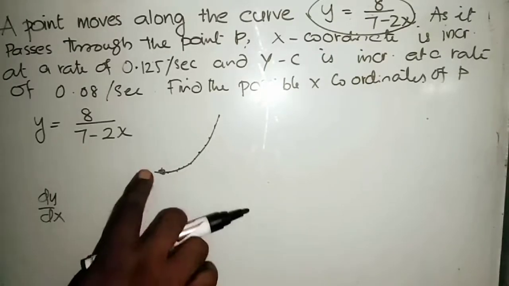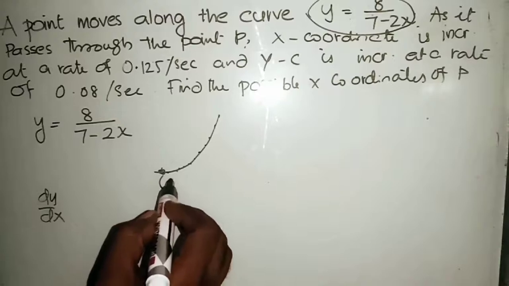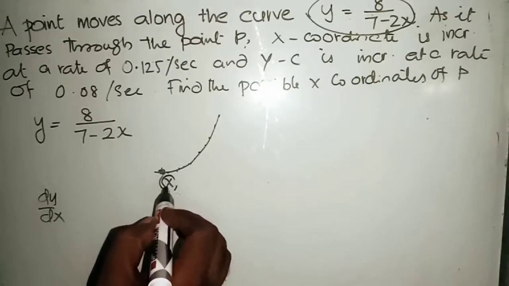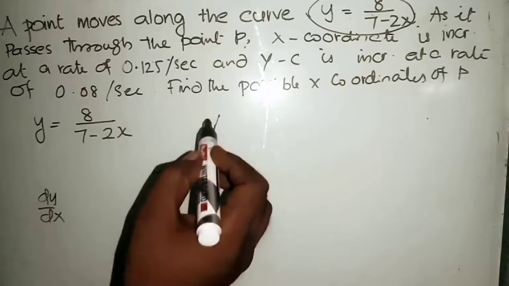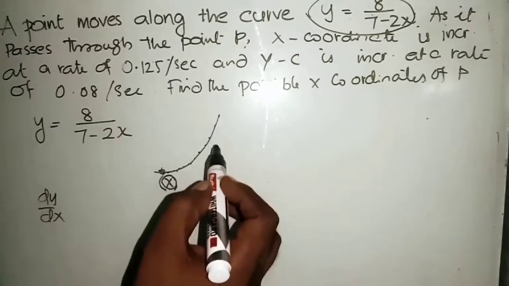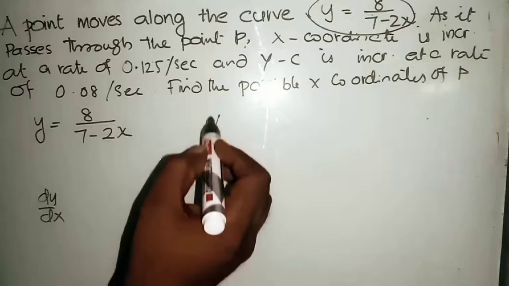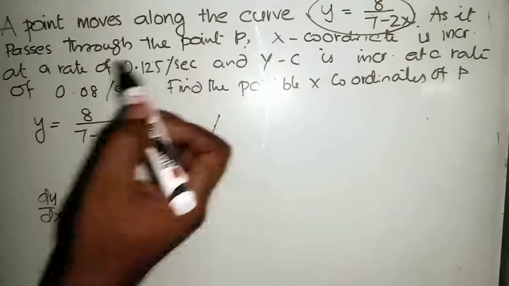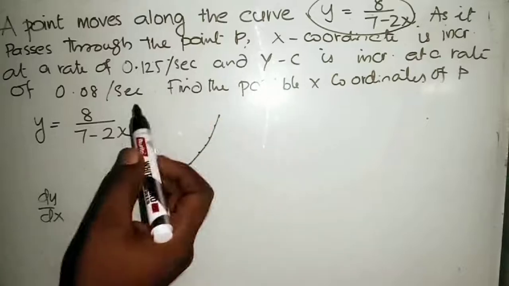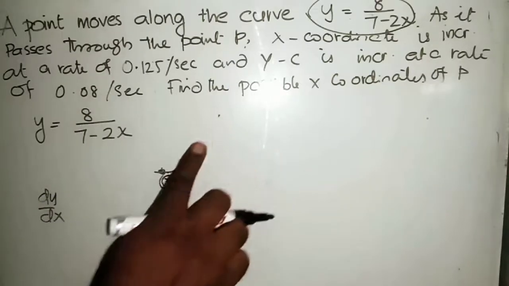In the movement of this point, when a point is moving from one place to another place, the x coordinate and y coordinate are moving. The movement of the x coordinate is given at a rate of 0.125 per second and the y coordinate is 0.08 per second.